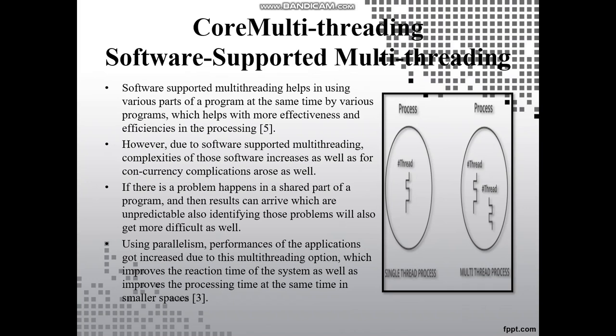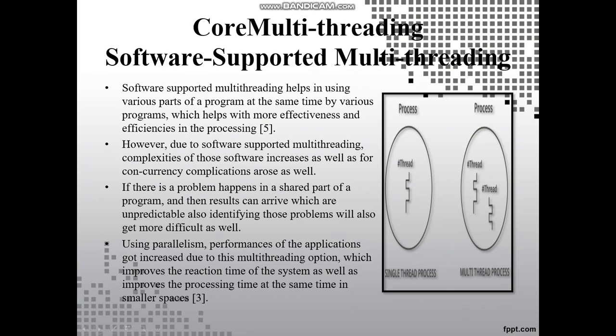Due to software supported multithreading, complexities and concurrency complications of software will arise as well. Here, there is an advantage of parallelism. Using parallelism, the performance of the software will increase. At the same time, it improves the processing time in smaller spaces.